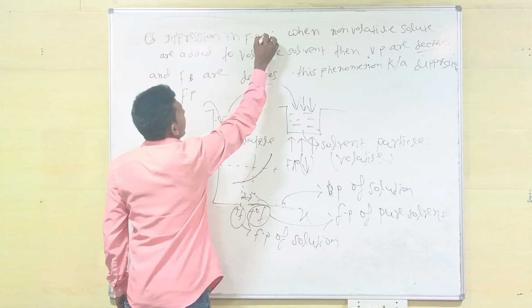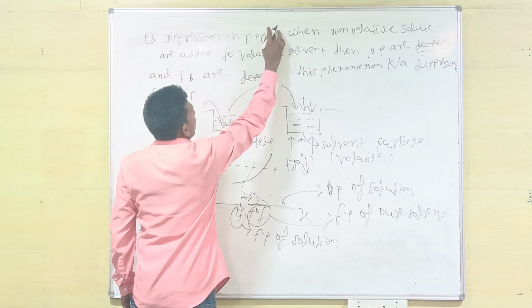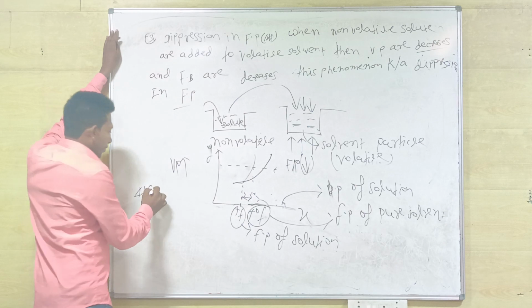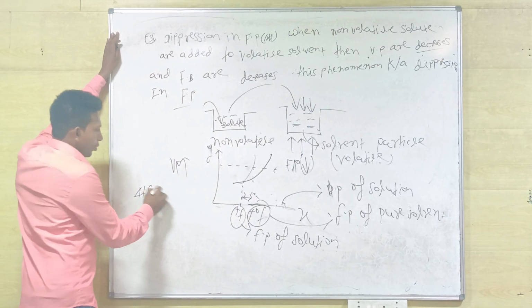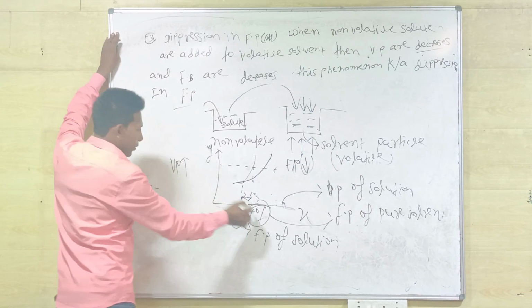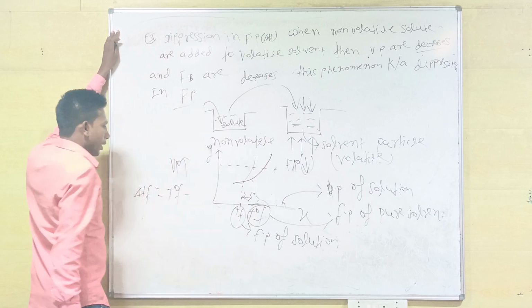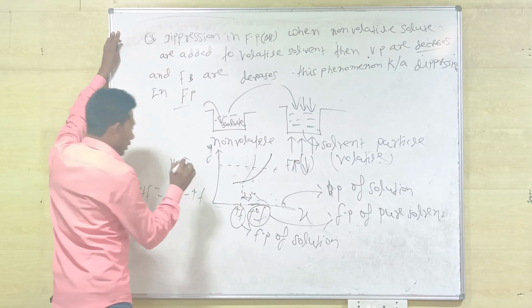Del Tf is final minus initial, meaning the final temperature T naught F minus the initial temperature Tf.